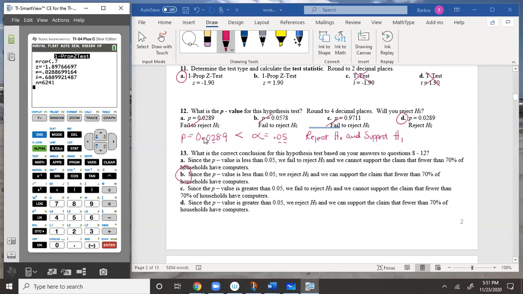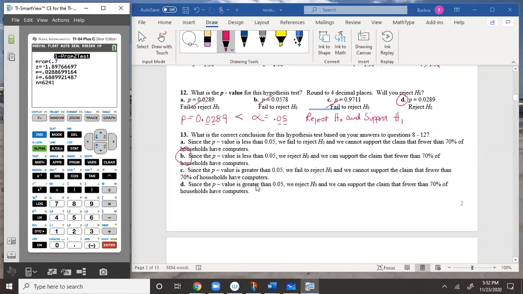Okay, so I'm looking at the numbers 0.0289 and 0.05. I go over 1 decimal over, they're both 0. Go 1 more over, 2 is smaller than 5. Therefore, the p-value is smaller and we reject the null. So the correct answer is D. So if you reject the null, support the claim, you have sufficient evidence to support the claim.